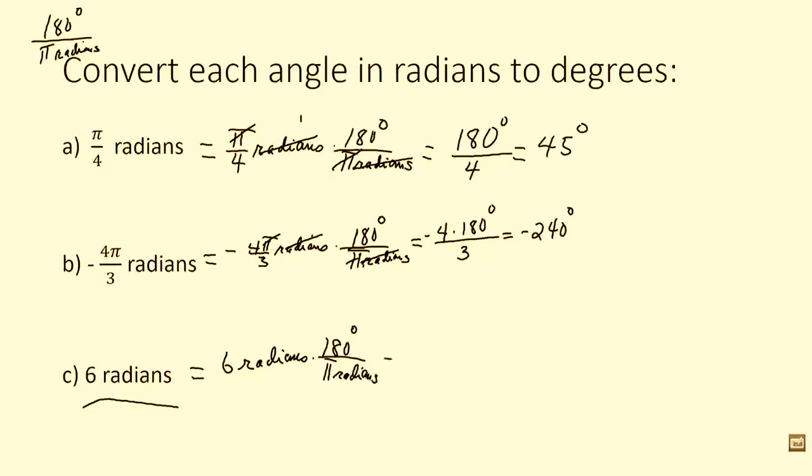When we simplify this, we get 6 times 180 degrees divided by pi. If you do the multiplication and the division, 6 times 180 divided by 3.14, you're going to get 343.8 degrees.